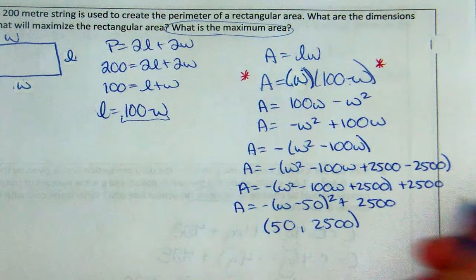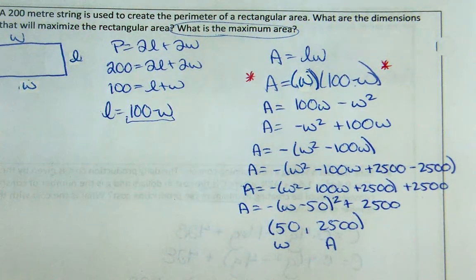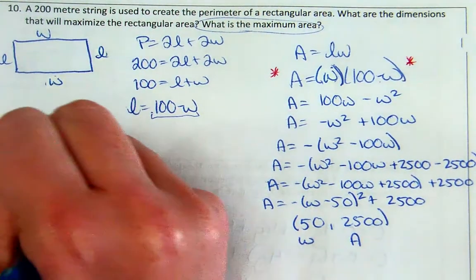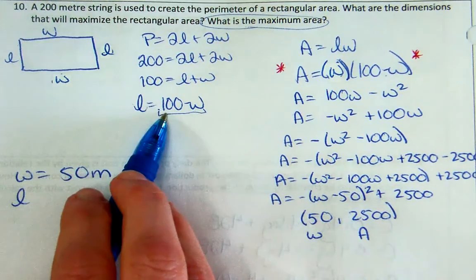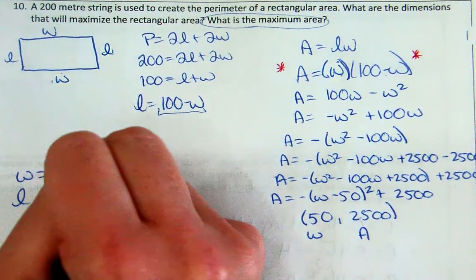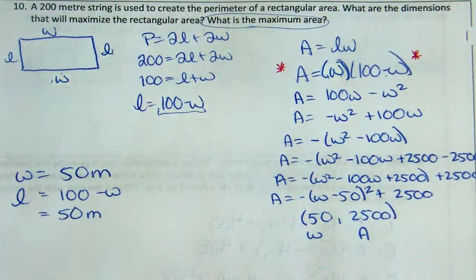Now what do each of these mean? 50 is my width, 2,500 is my area. So width is 50 meters. Length, I see right here, equals 100 minus W. W is 50, so that also gives us 50 meters.